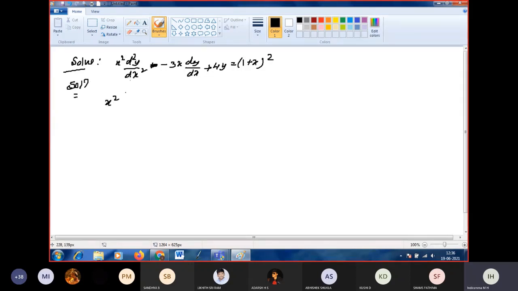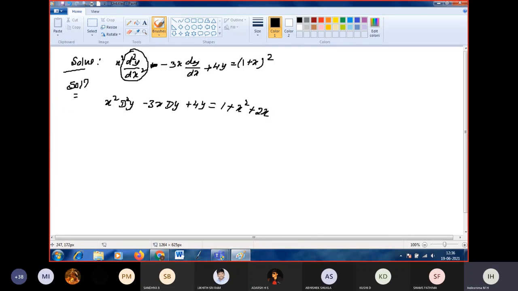So x square d square y by dx square can be written as D square y minus 3x dy plus 4y is equal to... I will simplify the RHS by using the (a plus b) whole square formula, a square plus b square plus 2ab.